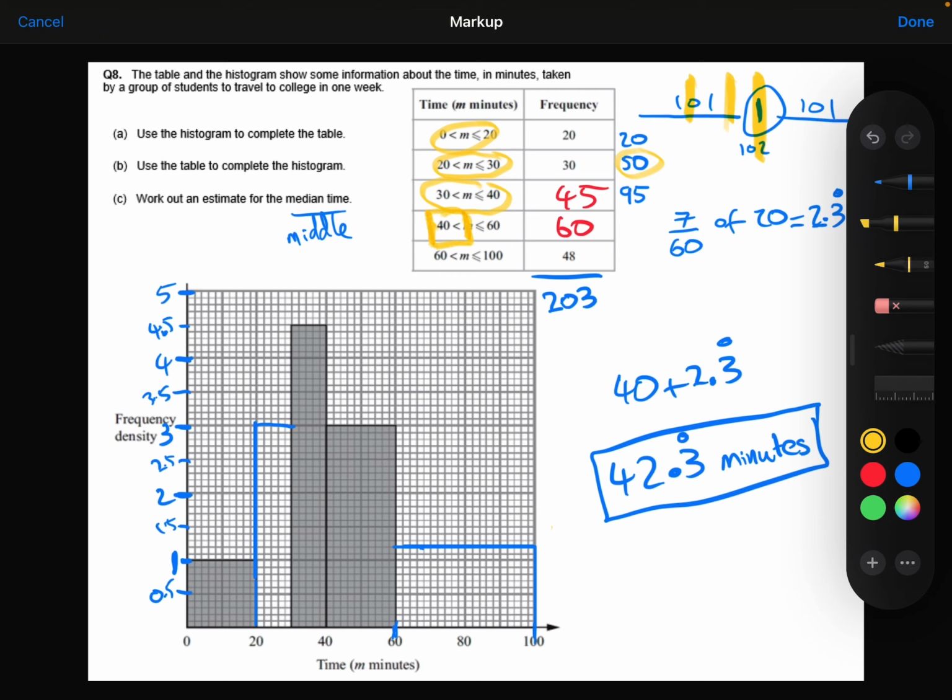The fraction I am within that interval is 7 60ths, because I want 7 out of 60 of these people. So 7 60ths of that whole interval is 2.3 minutes. So we are 2.3 along inside that interval, which is 42.3 minutes.